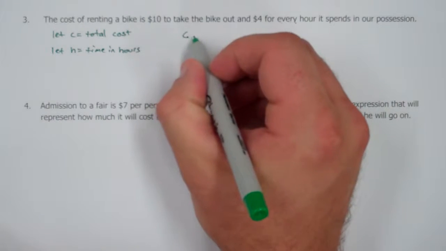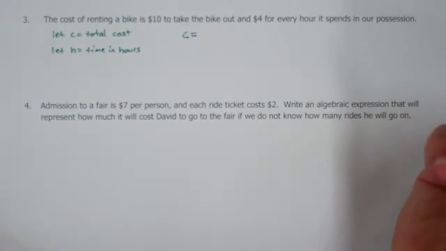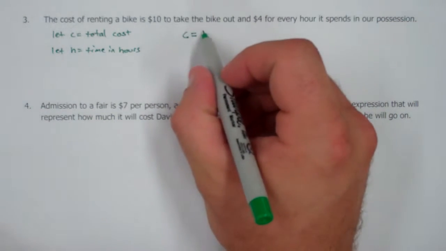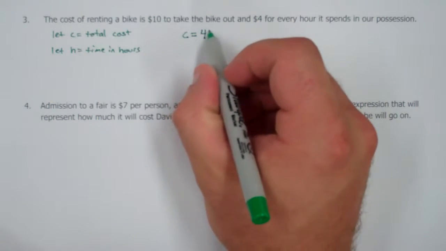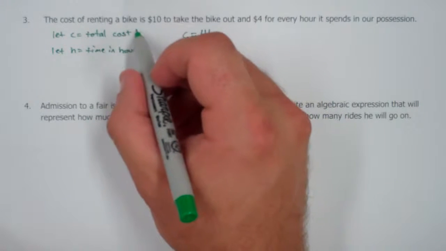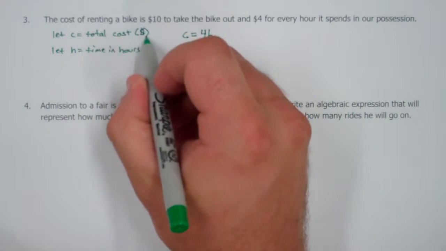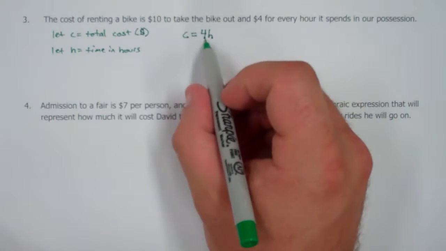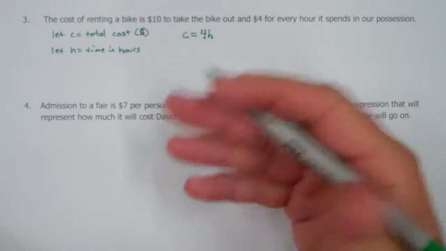So the total cost will be equal to 4h. It's $4, and this total cost is going to be in dollars. We want to write down our unit. 4 times however many hours you have the bike out.